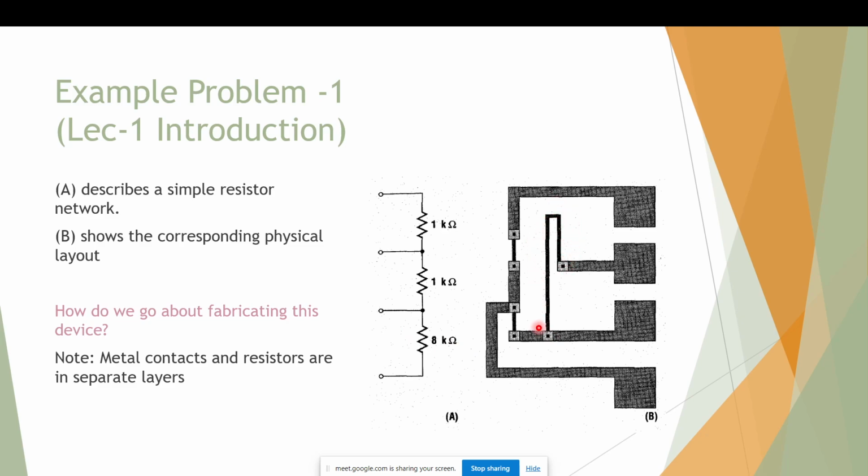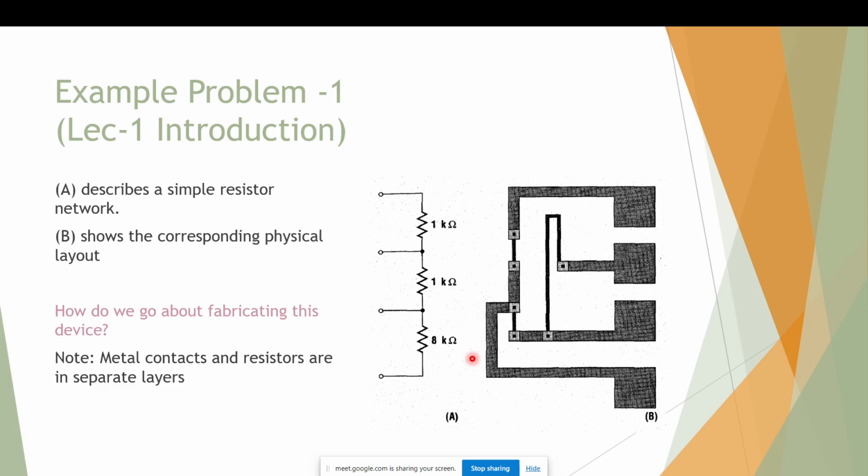We just have a layer of resistive material that we have patterned to form these resistors, and then these bigger patches are probably made of a metal that is not very resistive, and these boxes are for the contacts. I don't just want a circuit; I want to give some voltage or measure some voltage across different resistors.